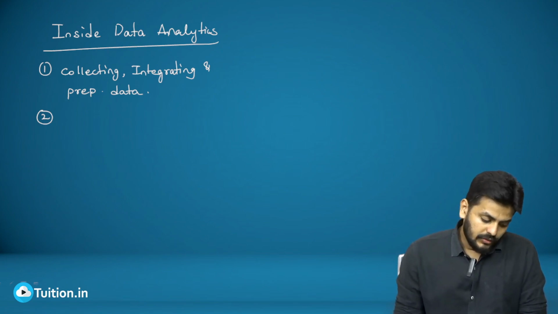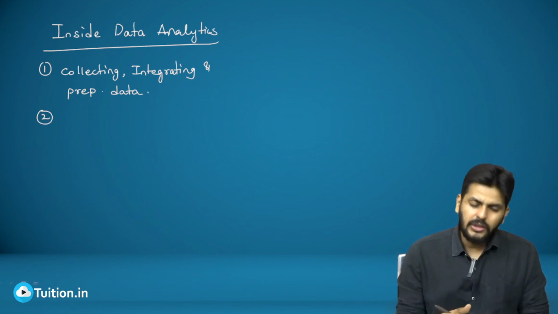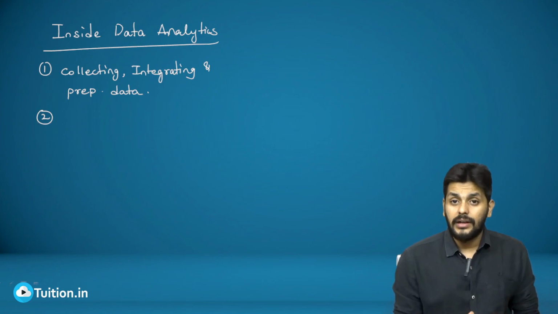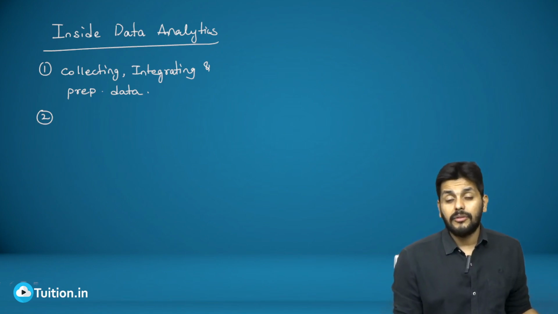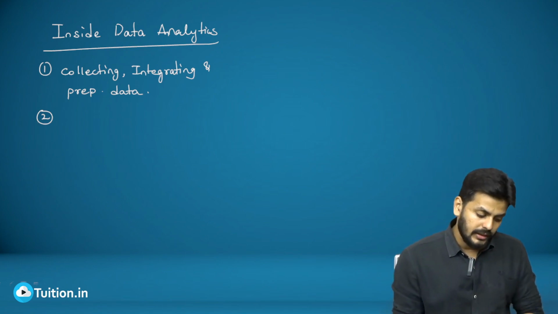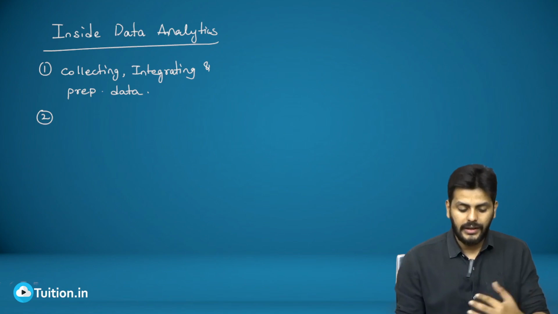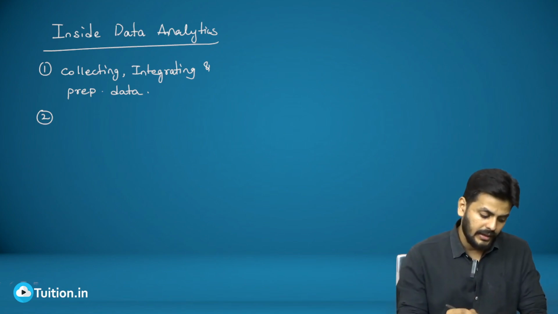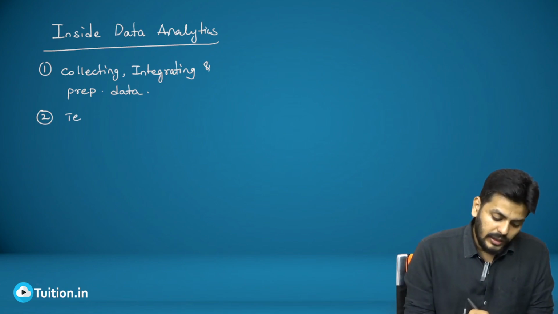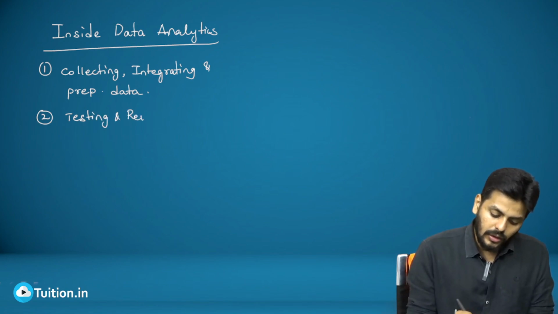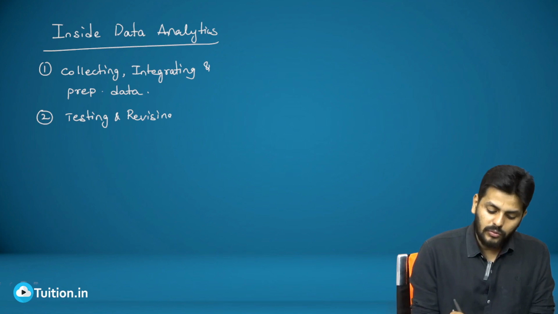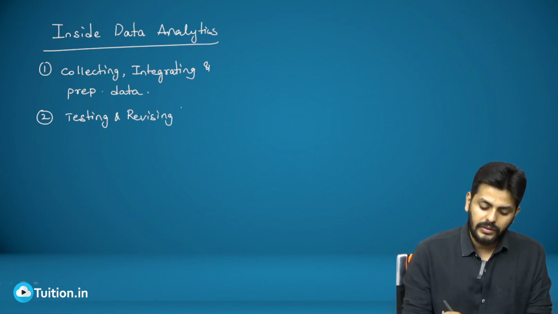See, if you don't collect and maintain accurate data, then the results that you get from that will also be useless. So first make sure that you collect, integrate, and process the data, and keep it in an understandable form. Then the second step, after collecting and preparing the data, is testing and revising the data, so that all the loose ends and missing aspects are handled.